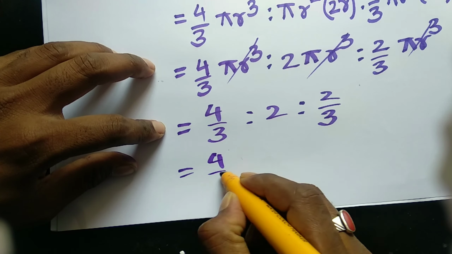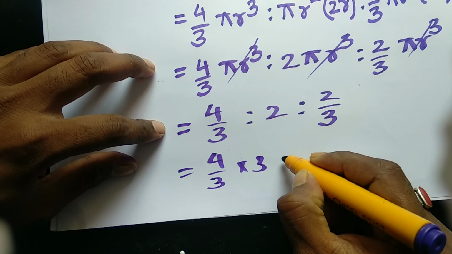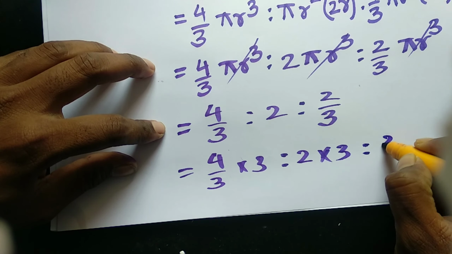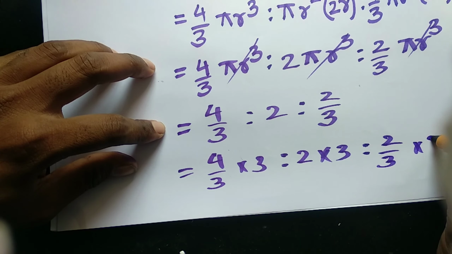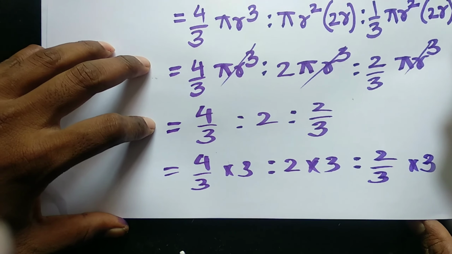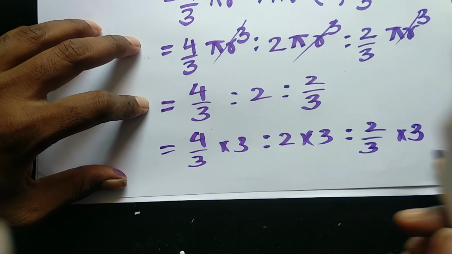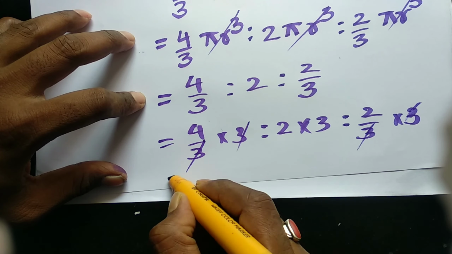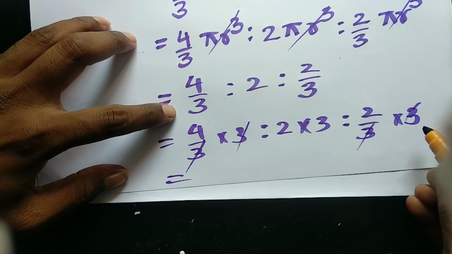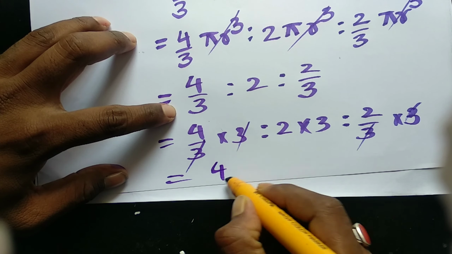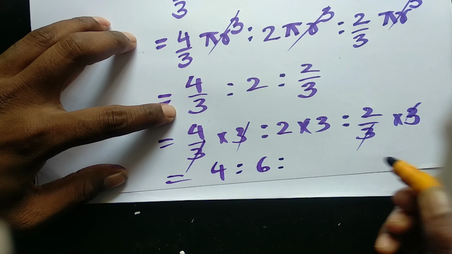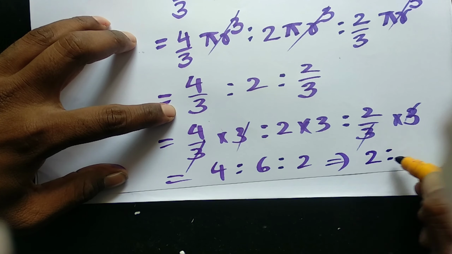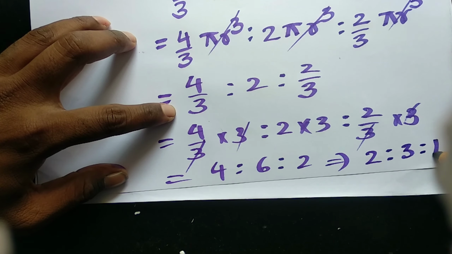So 4 by 3 into 3 is to 2 into 3 is to 2 by 3 into 3, giving 4 is to 6 is to 2. Again we can cancel by 2, so 2 is to 3 is to 1.